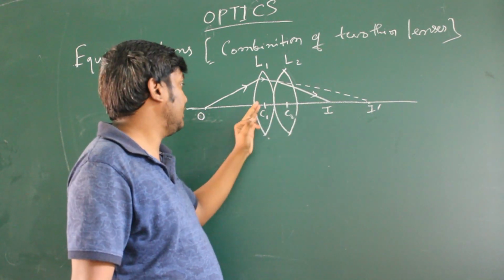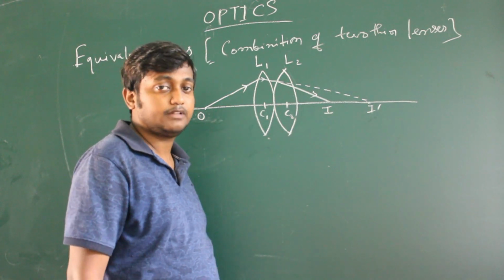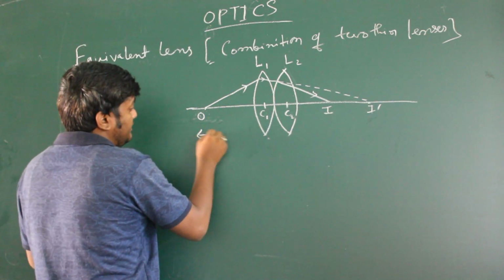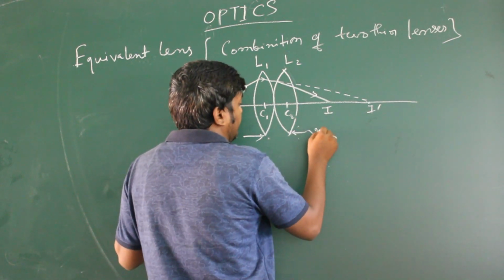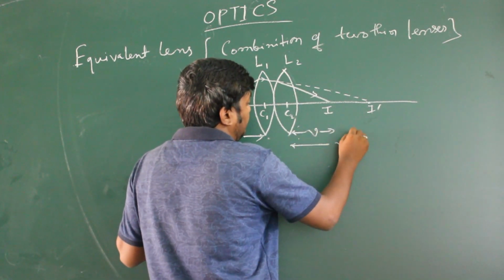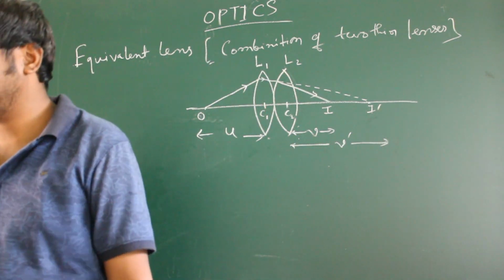For lens 1, the image will be I dash, and the final image will be I2. This is U, this is V, and this is V dash.